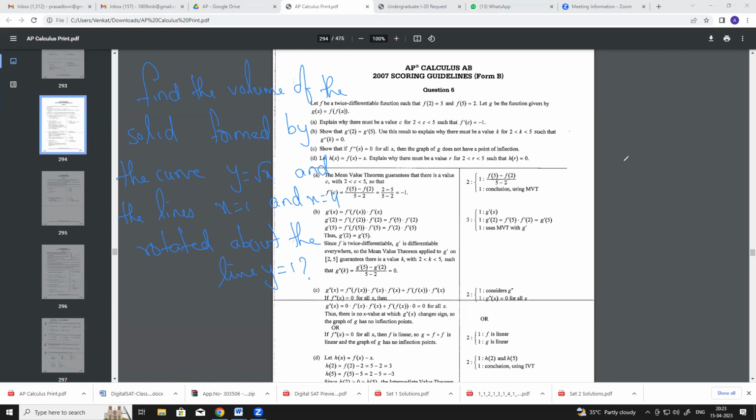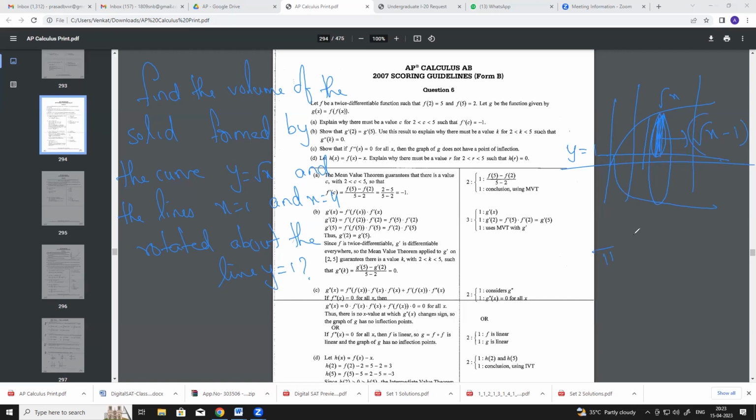The region is bounded by the lines x is equal to 1, x is equal to 4, and the curve y is equal to root x, rotated about the line y equal to 1. This is the line y is equal to 1. This is your function root x. This total length is root x, but I need to rotate about the line y equal to 1. You might get a figure like this. So the radius would be root of x minus 1. You need to observe that.